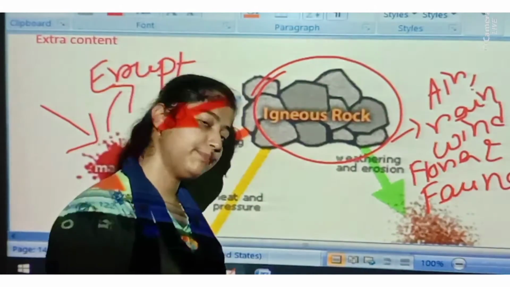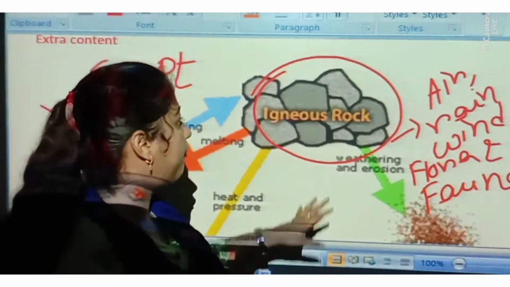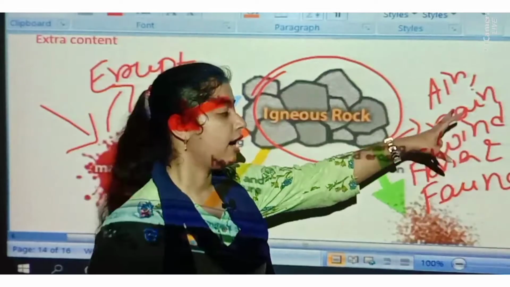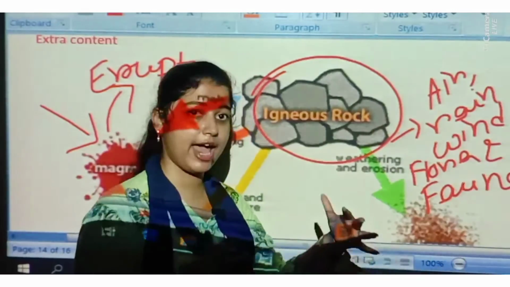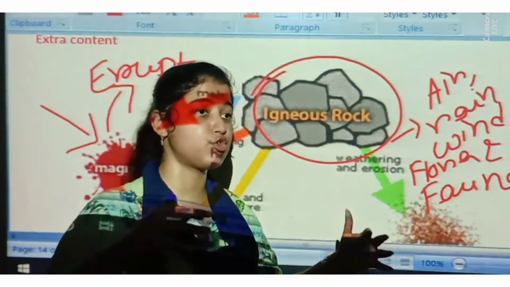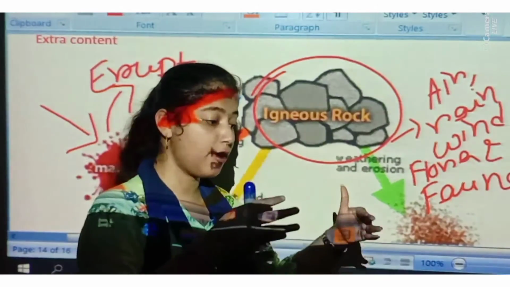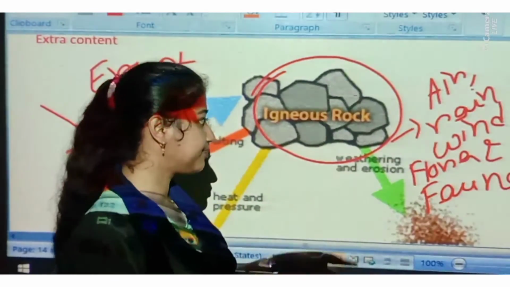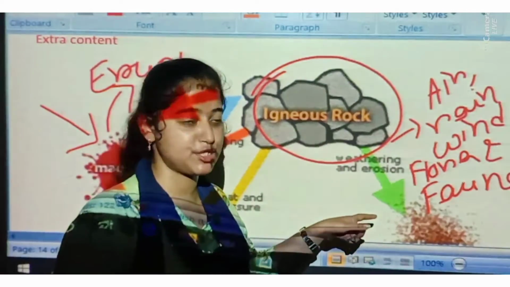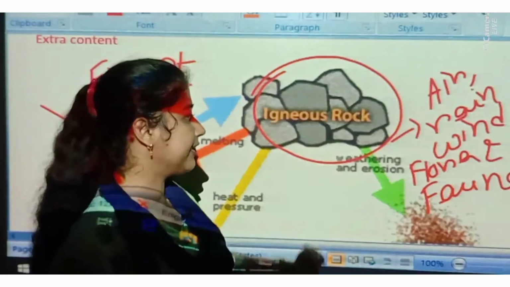Now what basically is weathering? When rocks get fractured due to these agents but cannot wash away from their place of origin, and stay in their main position, it is called weathering.